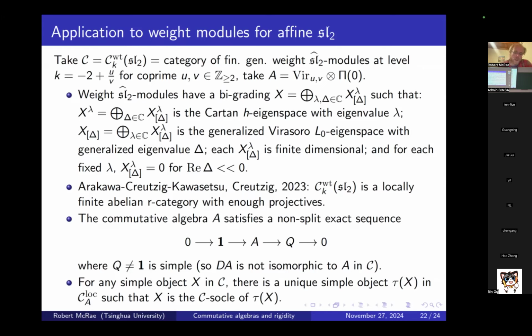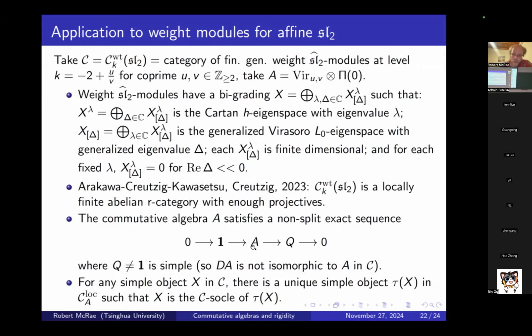It's also a monoidal category, but then the question is whether it is rigid. Yeah, and then, as I mentioned, we do have a commutative algebra in this category, obtained from a rational Virasoro VOA and this free field type algebra.